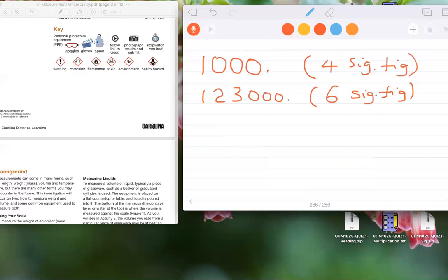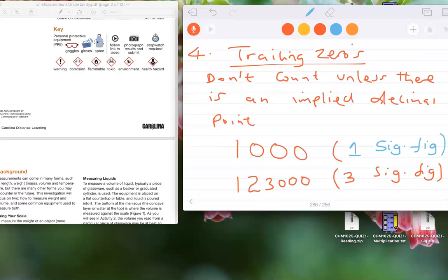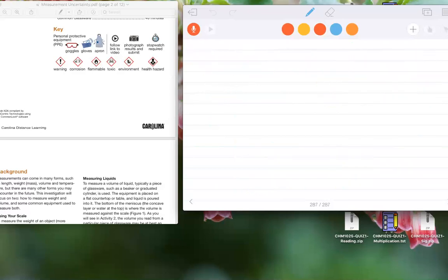Now, there is a number in scientific notation. This was rule number 4; rule number 5 is a number in scientific notation.